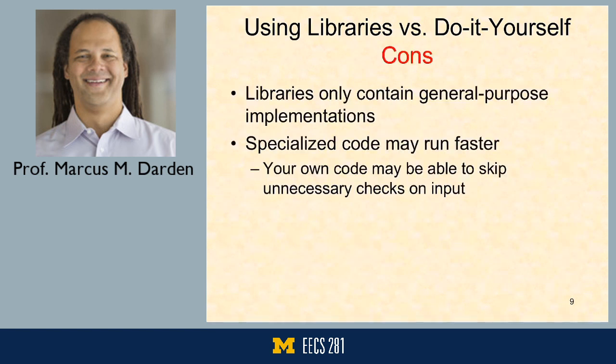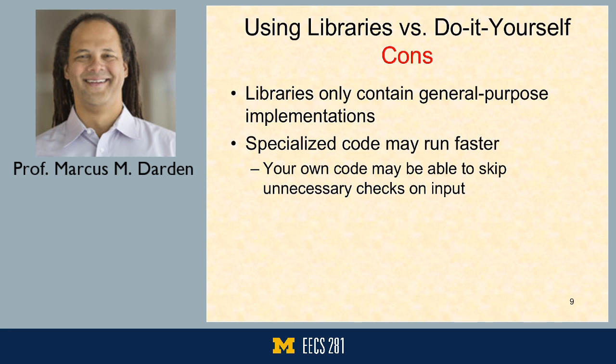The cons are few, but there are some of them, and they're appreciable. So libraries are written for everyone. So they've got general purpose implementations of all of these things. And general purpose works great almost all the time. But in many situations where I've got a specific way that this is going to go, I can cut out some general purpose stuff.